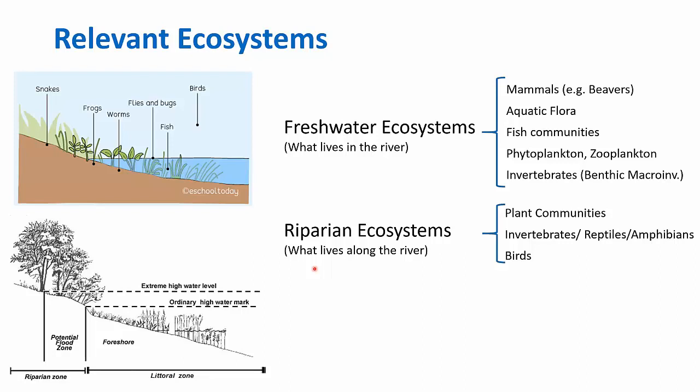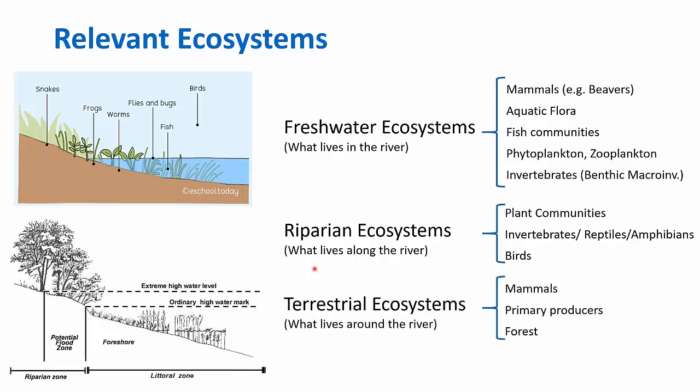In terms of the riparian ecosystems, what lives along the river, we're interested in plant communities, invertebrates, reptiles, amphibians, snakes, birds that live throughout the riparian corridor. This is the primary objective of determining in-stream flows, sustaining what lives in the river and along the river.